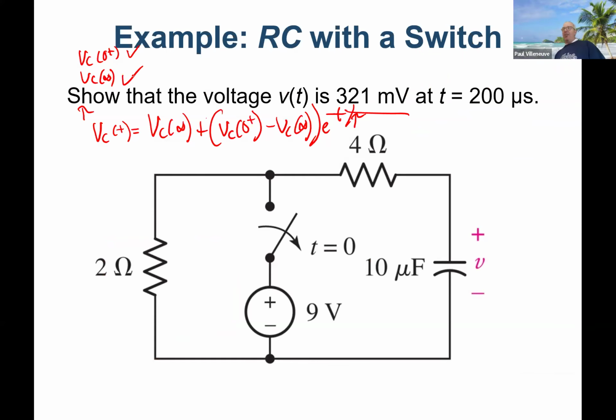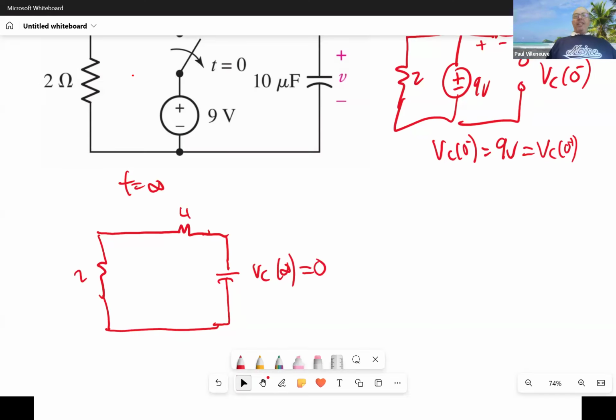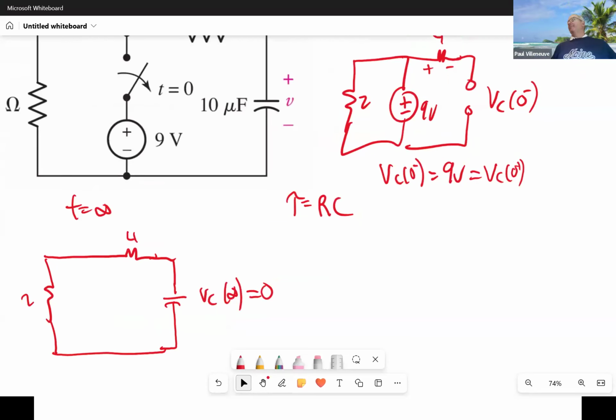Last thing I need is tau. How do I solve for tau? R times C. So which R and which C? I'll give you the easy one. The C, we know, is 10 microfarads.